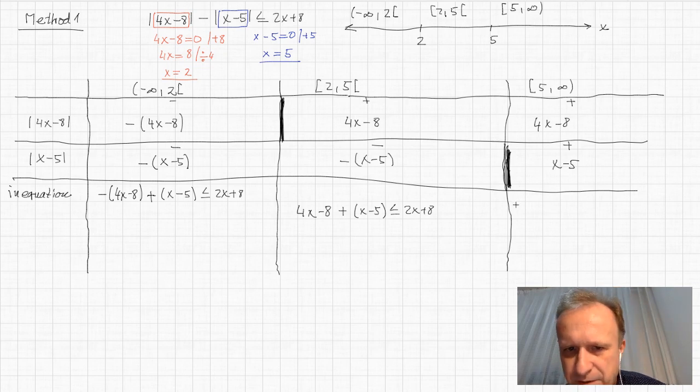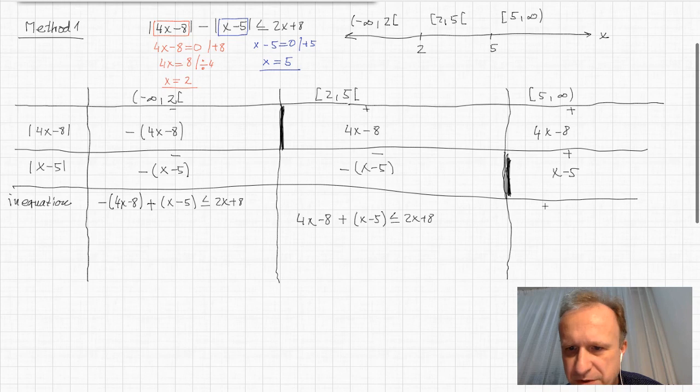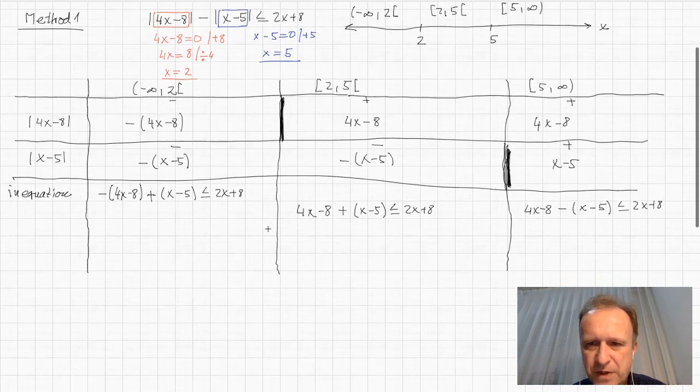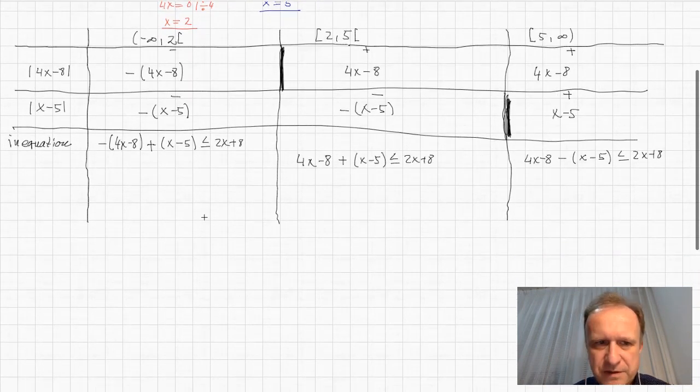The last interval, we replace the first modulus expression by 4x minus 8 itself, and minus, and use a pair of brackets to enclose x minus 5. This is less than or equal to 2x plus 8. And these are the inequations we are going to solve separately on each of those intervals.